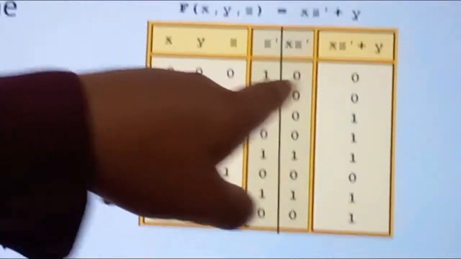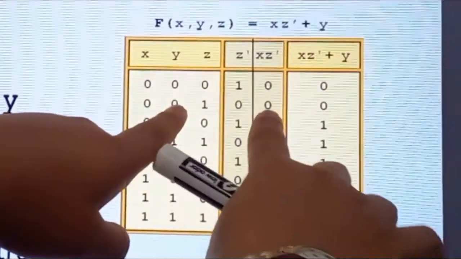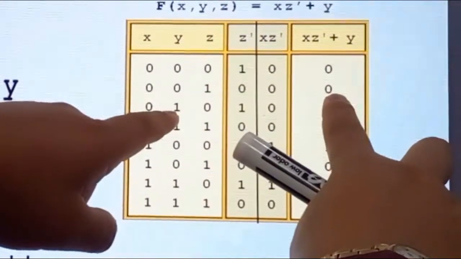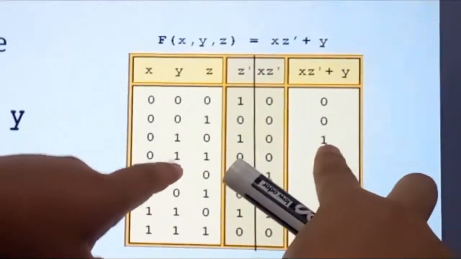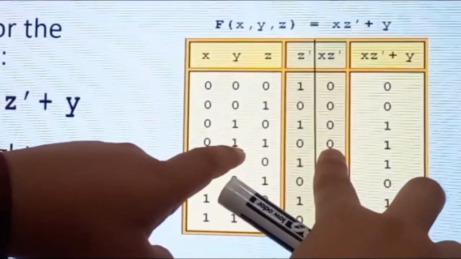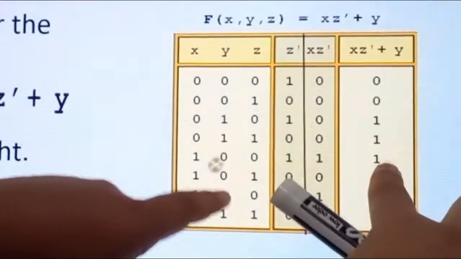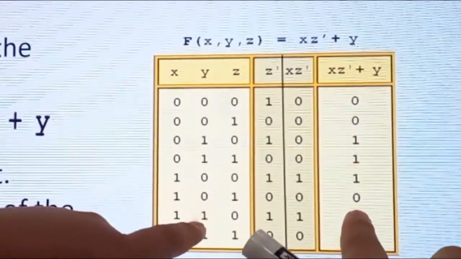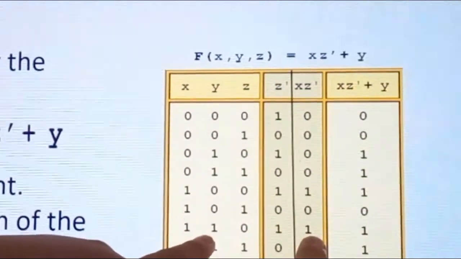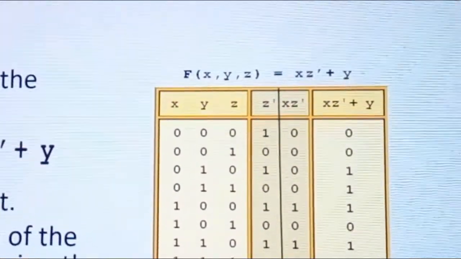So 0 and 0, false and false is false. 0 and 0 is false. 1 and 0, a statement that is true, so your answer will be 1. 1 and 0, a statement that is true, your answer is 1. 0 and 1, a statement that is true, 1. 0 and 0, naturally the answer will be false or 0. 1 and 1, true all, so it is 1. 1 and 0, there is a true statement, so your answer will be 1.